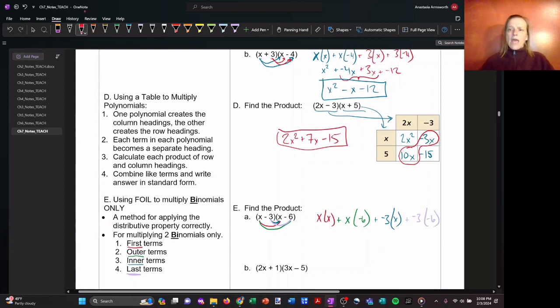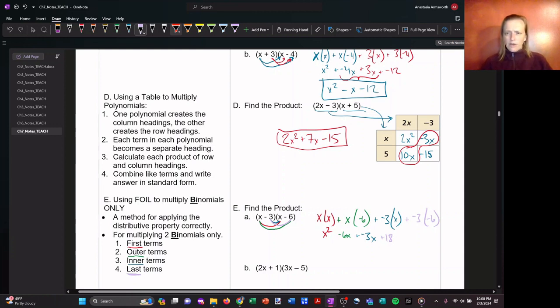I can now do the multiplication. X times x is x squared. X times -6 is -6x. -3 times x is -3x. And -3 times -6 is +18.